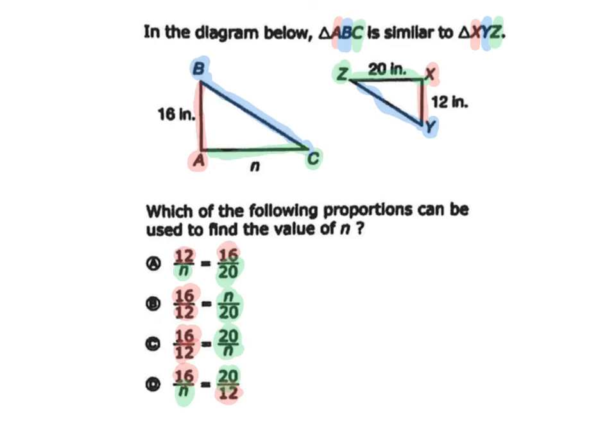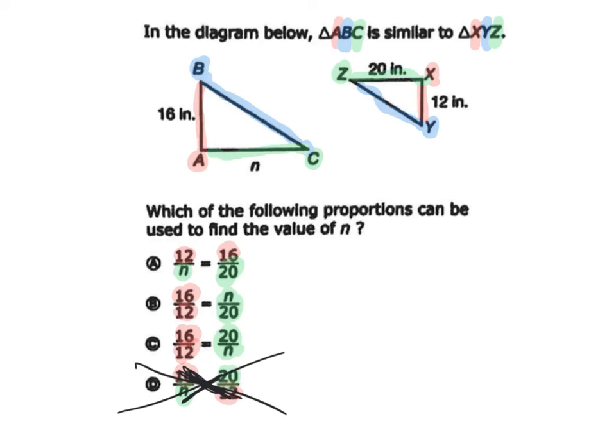Now we need to figure out which answer is true. Remember, the colors have to match up, either up and down or side to side. So there's one we can throw out automatically. Right here, where the colors cross, it makes a big X telling us that is not the answer choice.